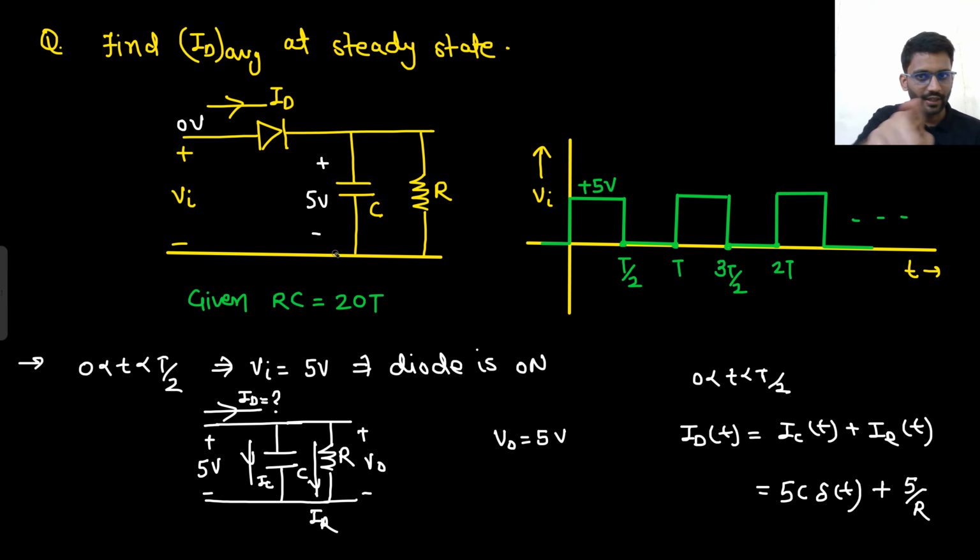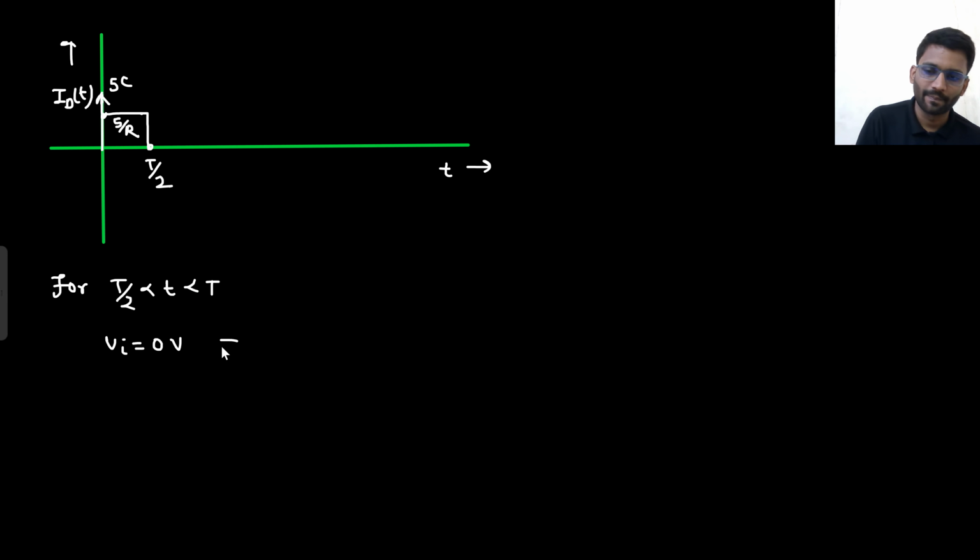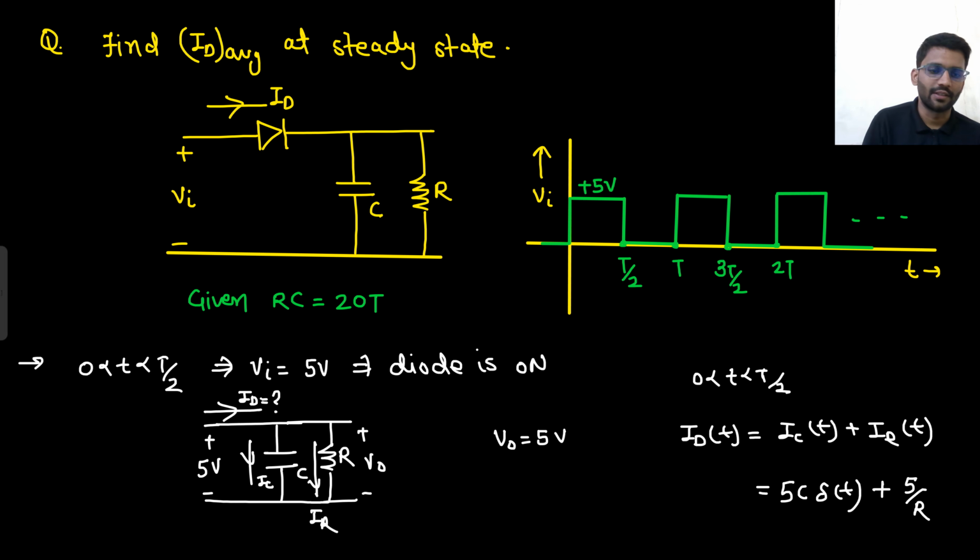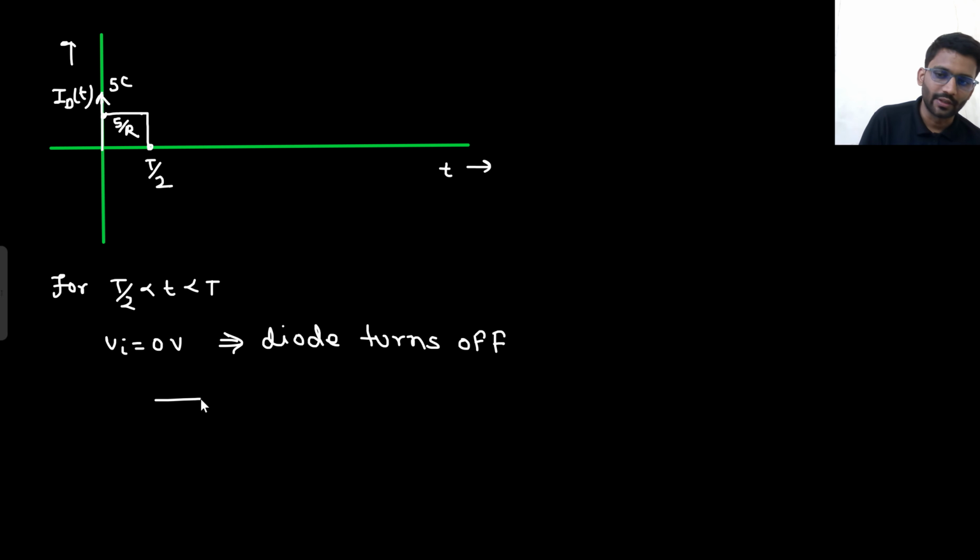Got the point? Now the diode turns off, so this relation will be broken. Diode turns off. There is no meaning of input.